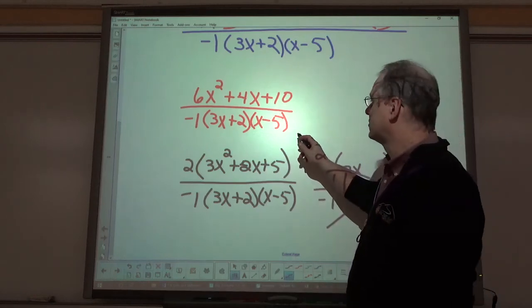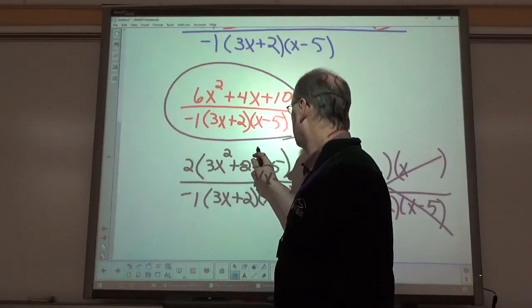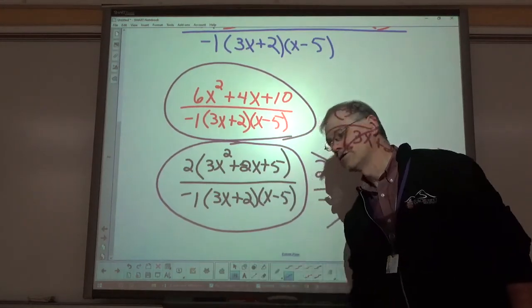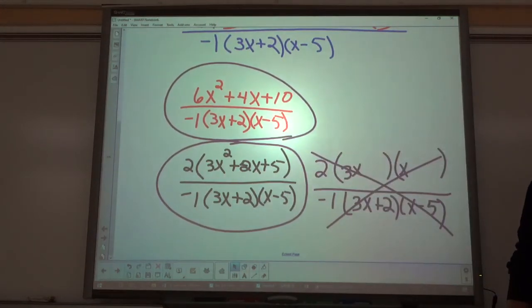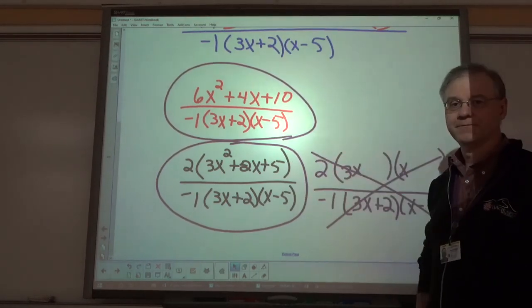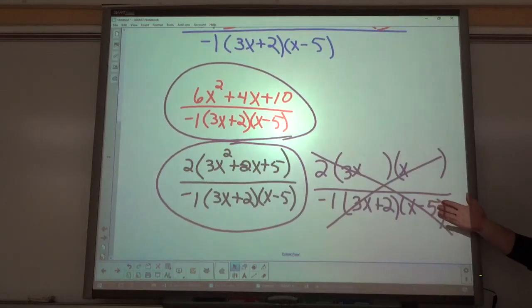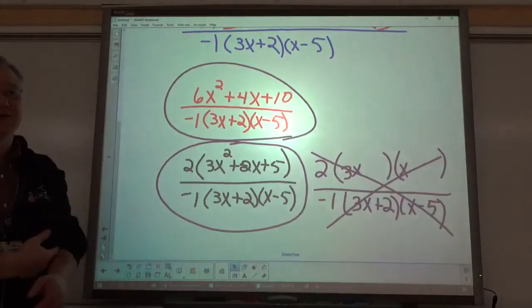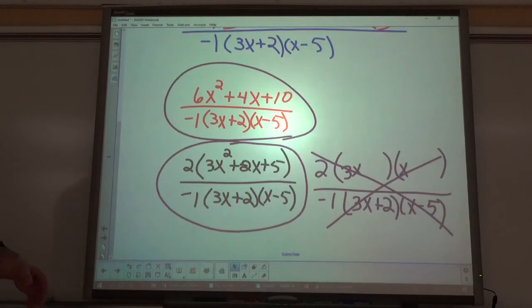So I could either stop here or here, but either one of those could be considered your final answer. Whether you stopped here or stopped here. Because it's not going to factor. It's just not. No matter how hard you try, you're not going to be able to get that to factor with integers. Okay, so our final answer.